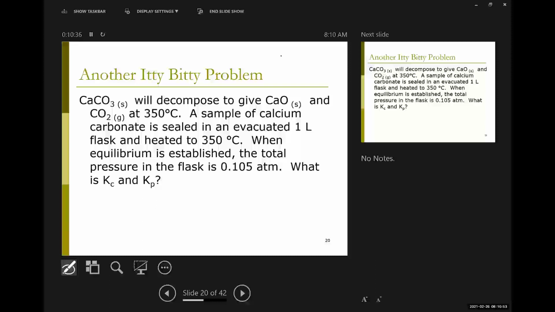Calcium carbonate, better known as, anybody know? It is in eggshells. It's also, anybody know? Chalk.